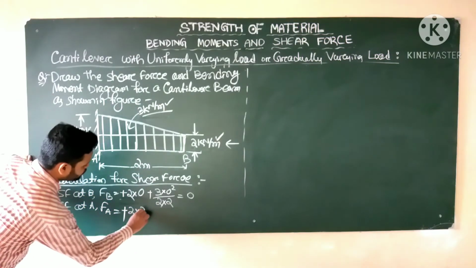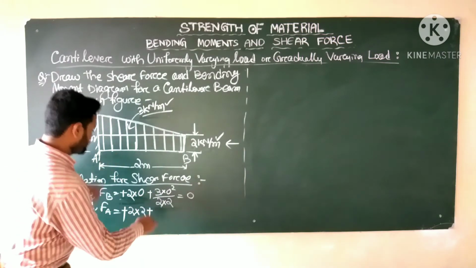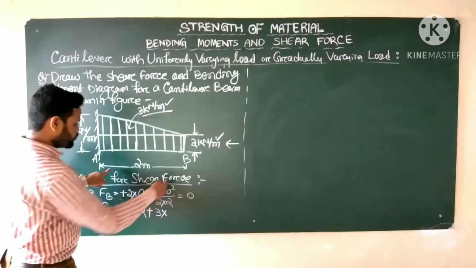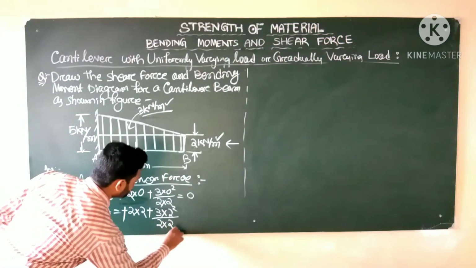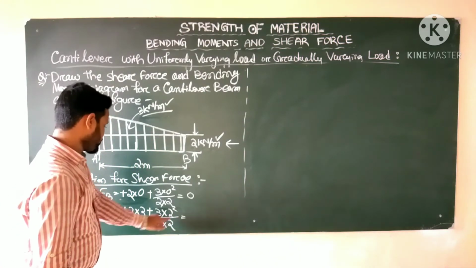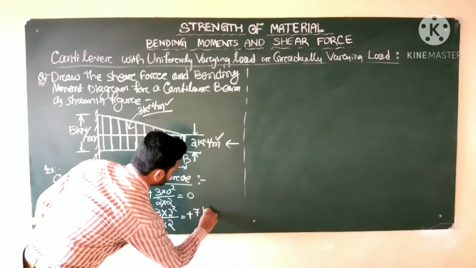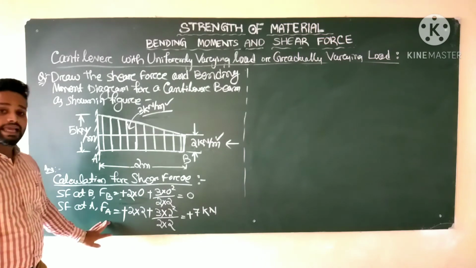So 2 into 2, plus Wx square by 2L, that is W is 3, x is 2 meters, so 3 into 2 square divided by 2 into 2. That is 2 into 2 is 4, plus 3, which gives 7. That is plus 7 kilonewton. That is the shear force at A.